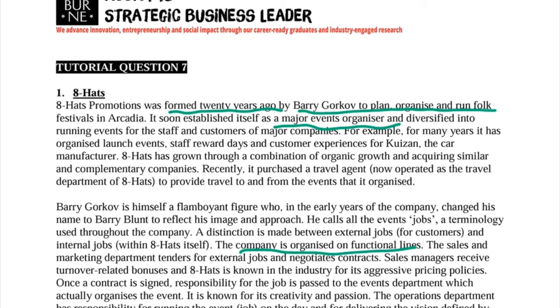So you have to recap the functional structure. That's why part B asks you about matrix structure. I'm sure that after this, the question will mention some disaster that happens because of the functional structure, because the current structure is not good. Maybe one of the suggestions given is, why not change to a matrix structure? That's why in part B, the question asks you to discuss the pros and cons of matrix structure.